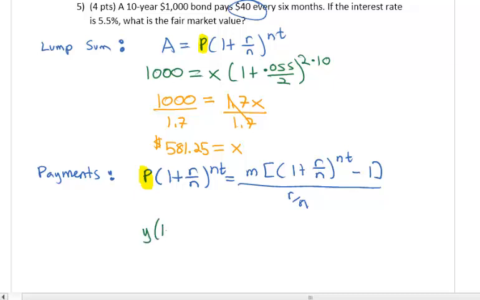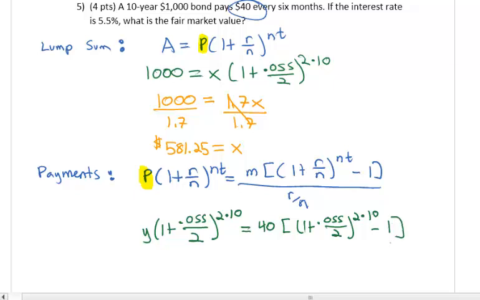I'll call that Y, times (1 plus r, which is 0.055, over n, which is 2) to the 2 times 10, equals the regular payment of $40, times ((1 plus 0.055 over 2) to the 2 times 10, minus 1), all over r over n, which is 0.055 over 2.